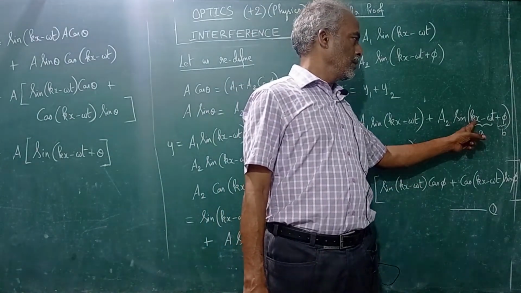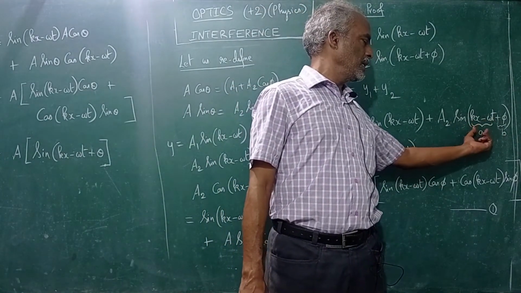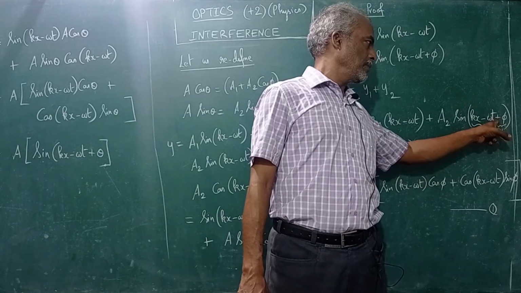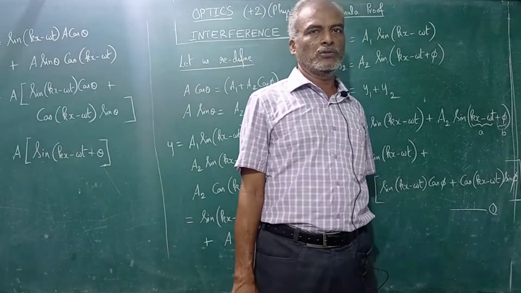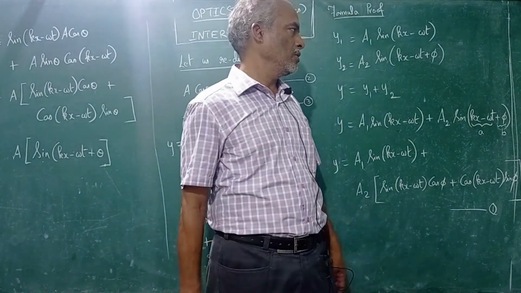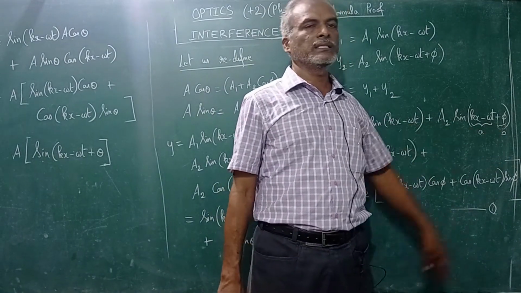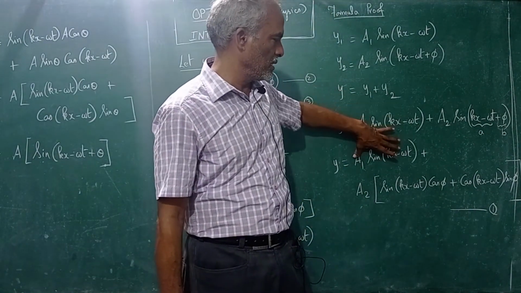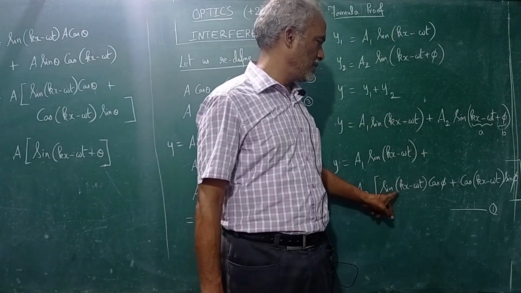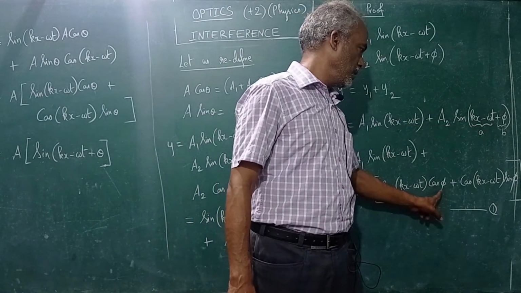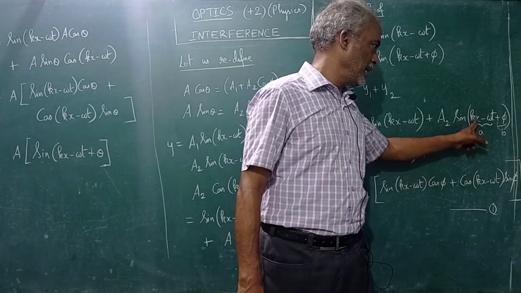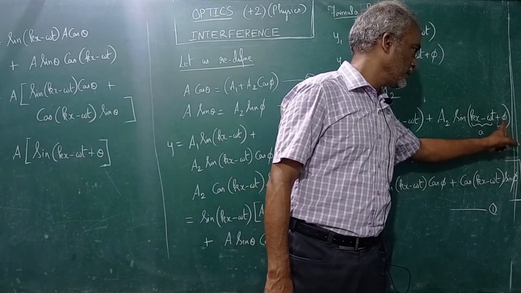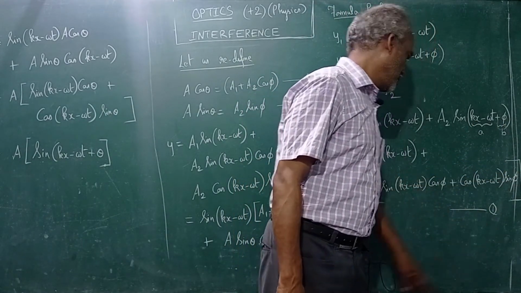Now kx minus omega t you treat it as a, plus phi you treat it as b. So it is of the format a plus b. So sin(a plus b) is sin a cos b plus cos a sin b. So you write this term as it is plus a2 into sin a cos b plus cos a sin b, that is sin phi. This is equation 1.